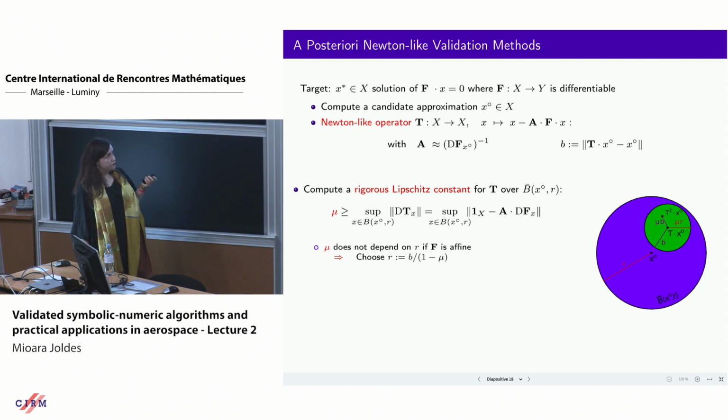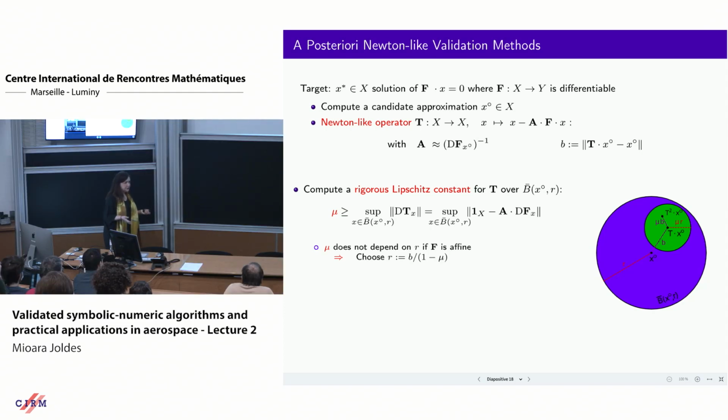And we have two cases. The easy case, when f is affine, when we deal with linear operators, then we can prove a global uniqueness. Otherwise, we will have only local uniqueness.